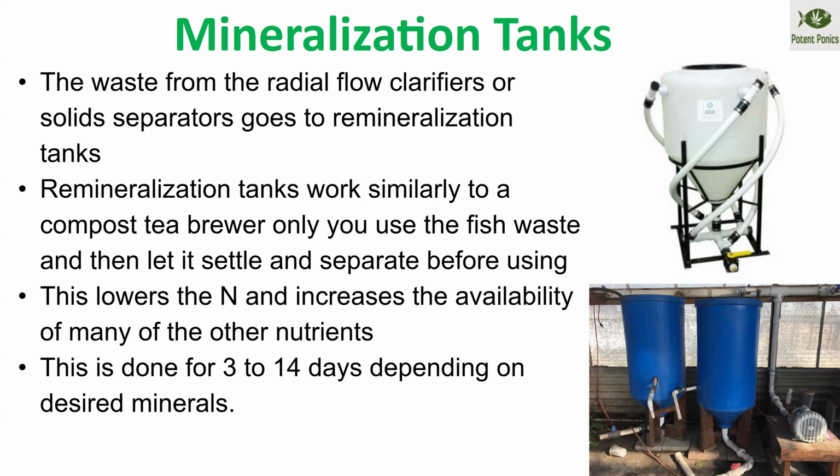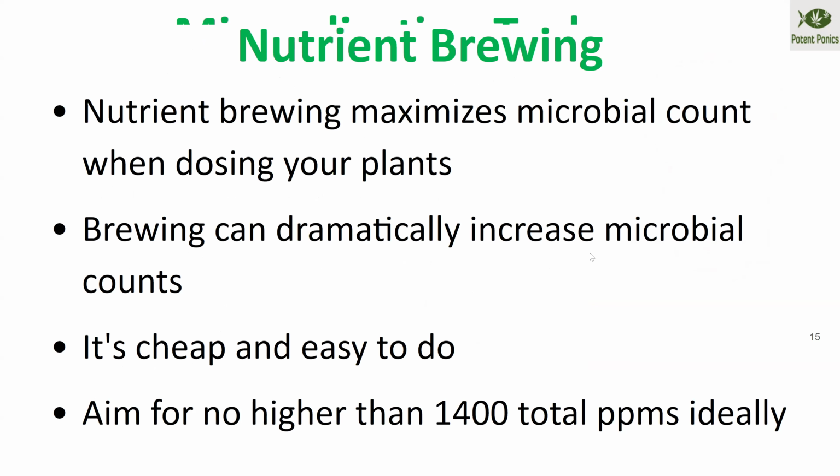Then do a 14-day or longer brew to burn off that nitrogen and break it down much more thoroughly, giving you something much better and more well-rounded for flowering or fruiting crops. So at the beginning of the season, you're going to want to do much shorter brews, ferments, and teas, and then in the second half of the season, extend that to much longer. And it maximizes microbial count.